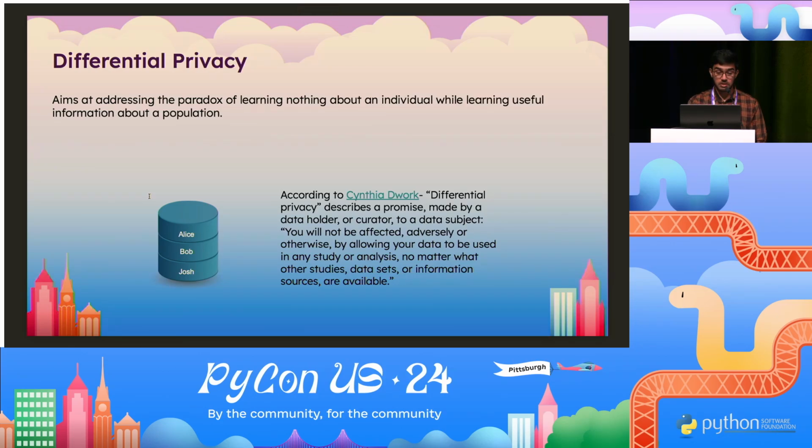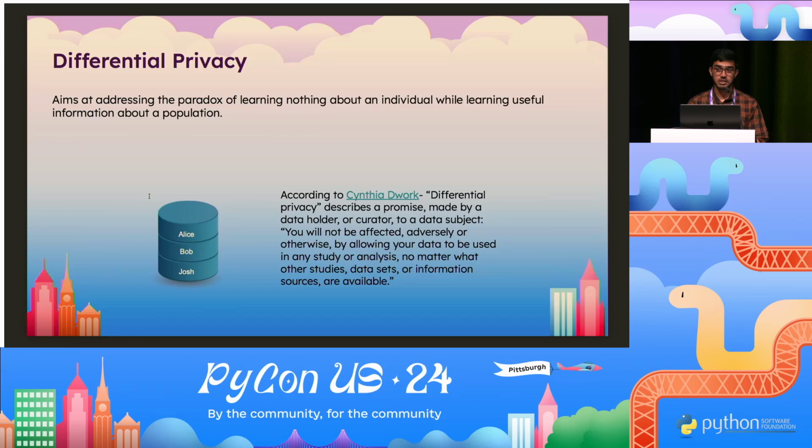The promise goes something like this: you will not be affected adversely or otherwise by allowing your data to be used in any study or analysis, no matter what other studies, data sets, or information sources are available. It incentivizes people to participate in such studies because they are sure that whether they participate or not, the analysis would turn out to be the same.